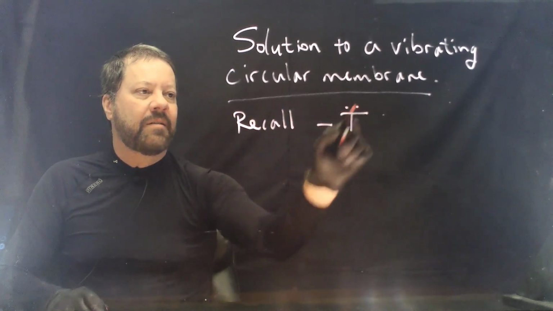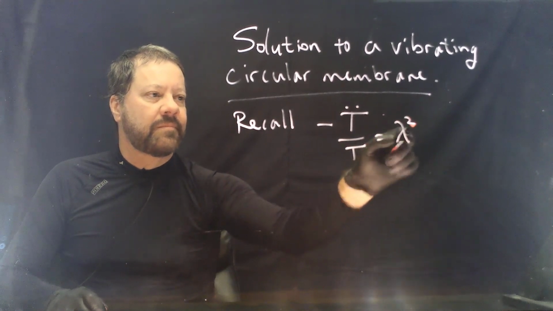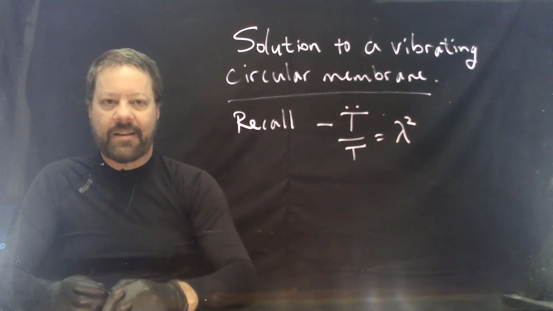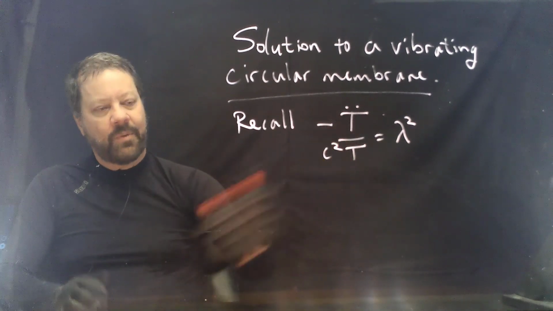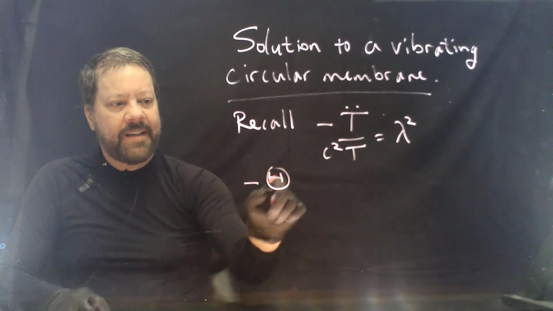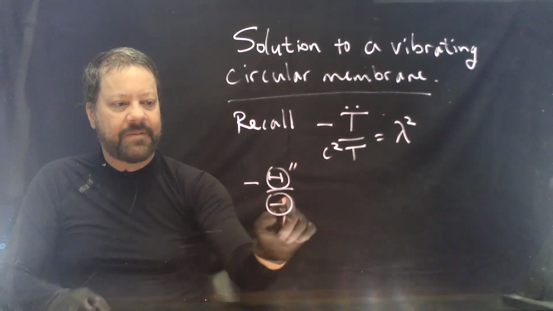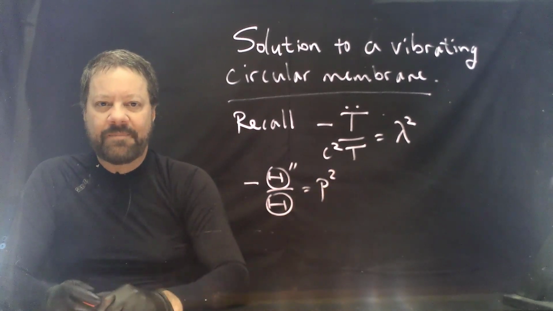Recall: minus T double dot over T c squared equals λ squared, minus Θ double prime over Θ is equal to p squared.